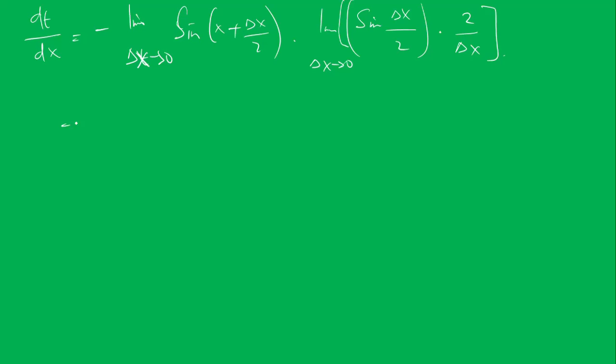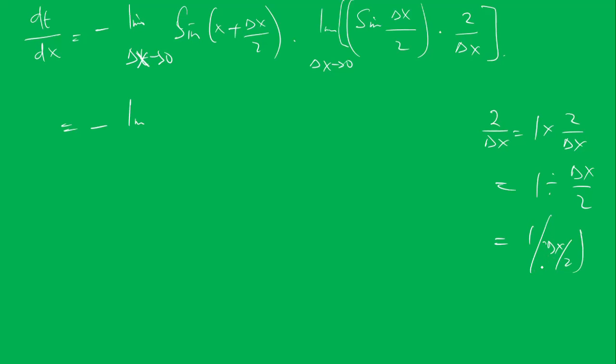Now we have minus. From here, 2 divided by delta x is the same thing as 1 times 2 all over delta x. Now if you reverse this, you have delta x all over 2. So this is the same thing as 1 all over delta x all over 2.